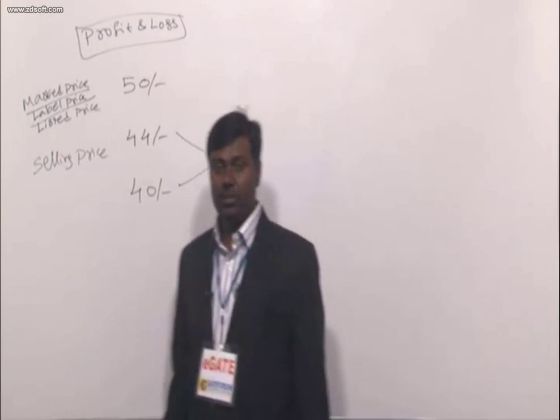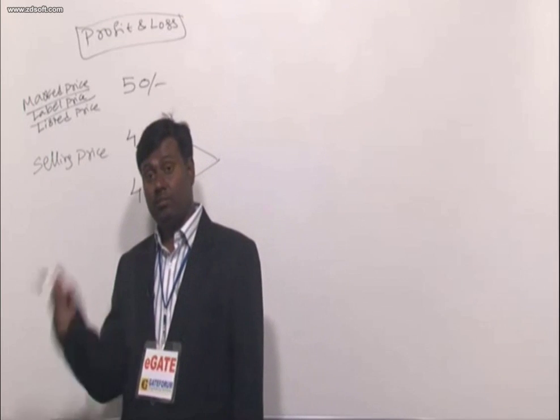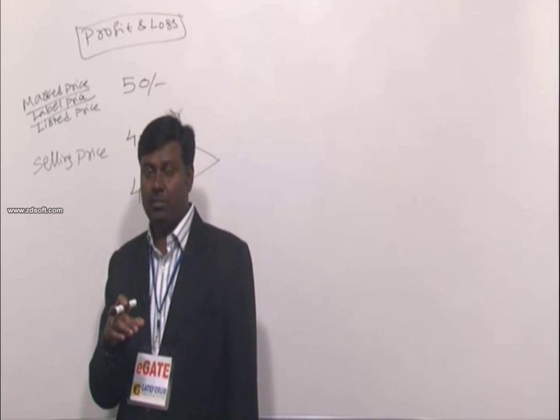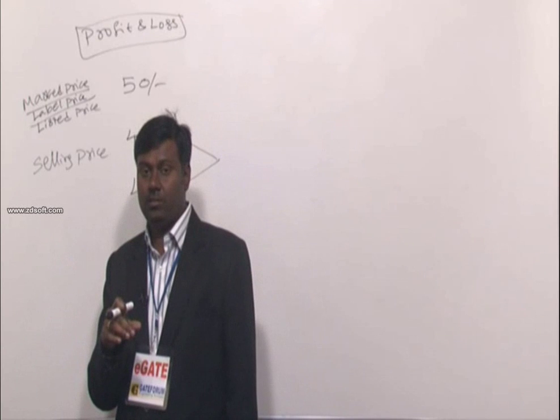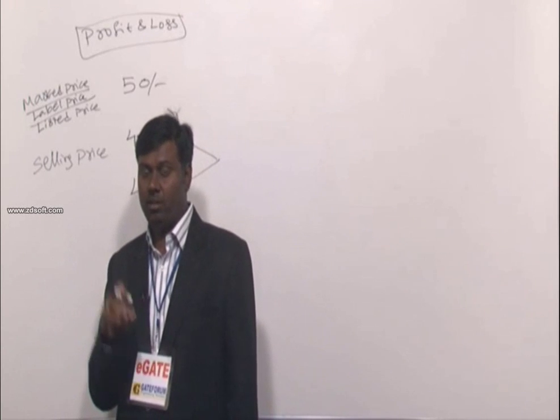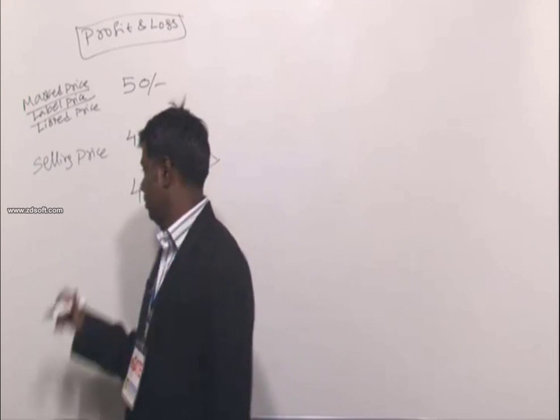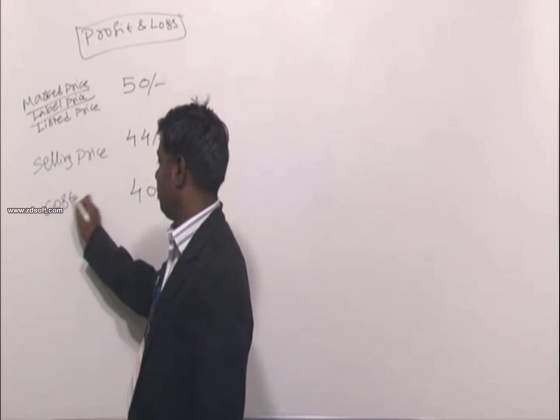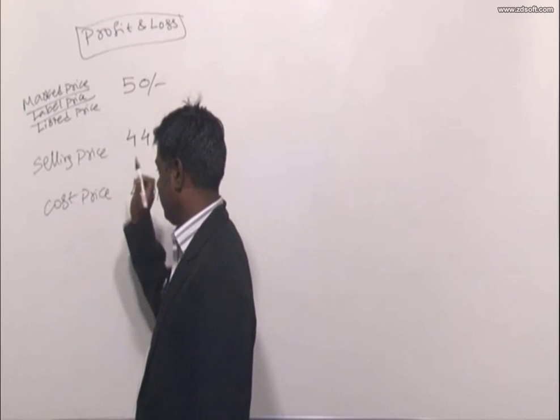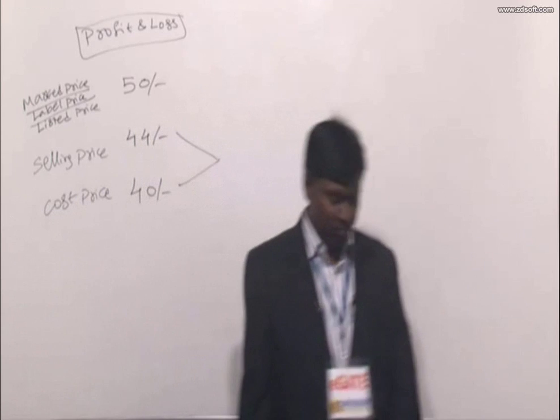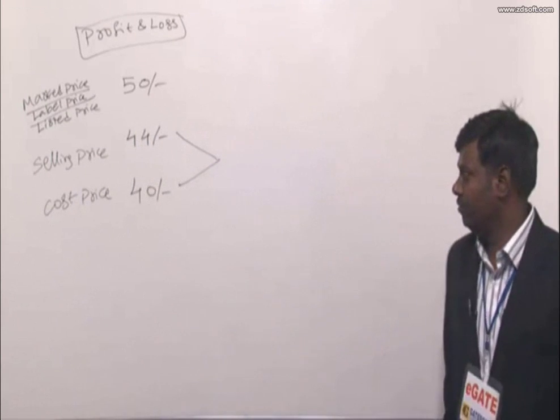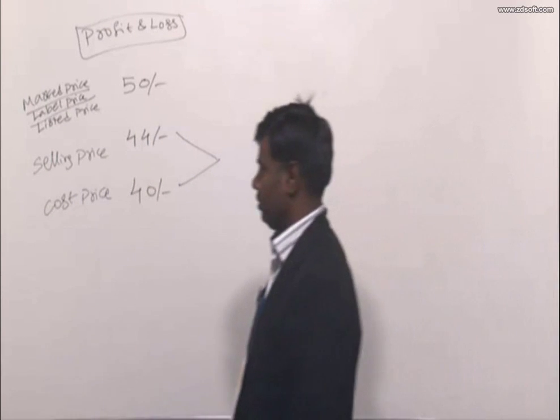What is 40 rupees? The amount that the vendor has invested on that 1 dozen bananas, which is nothing but cost price. So these are the 3 different terms that you come across: 50 rupees, 44 rupees, 40 rupees. Right?